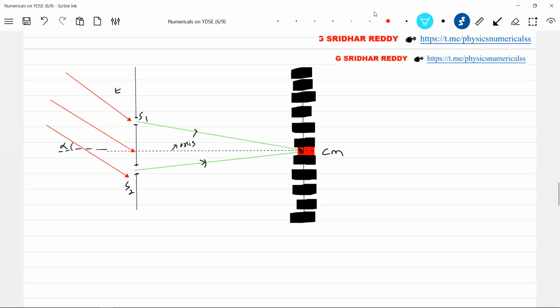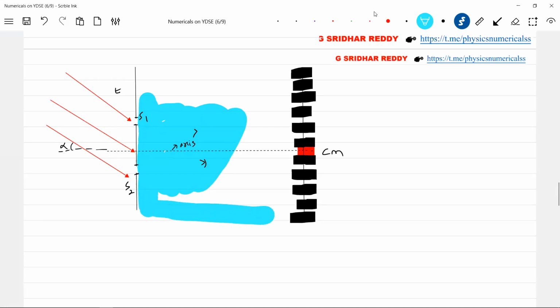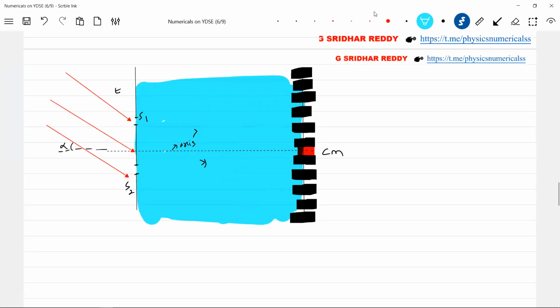Let me fill up a liquid. Now the space between the slits and the screen, I'll fill up with a liquid of refractive index mu L, or mu naught. I think we used the earlier symbol, so let me write mu L.